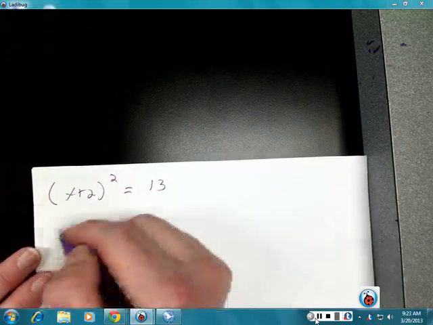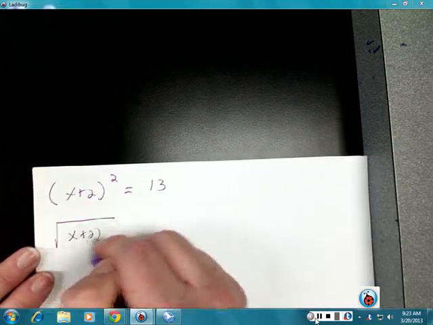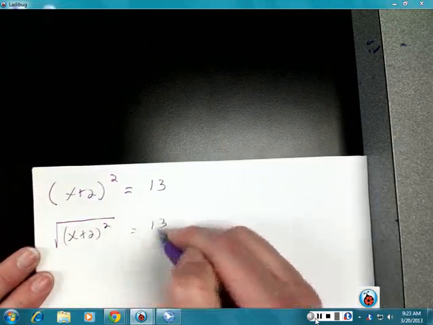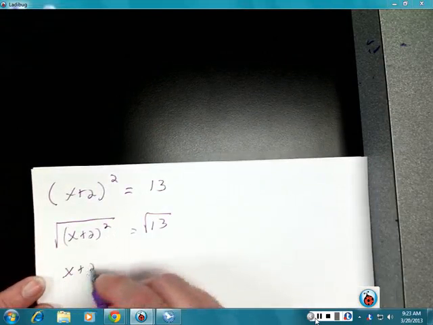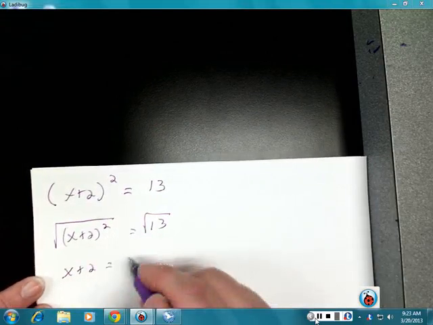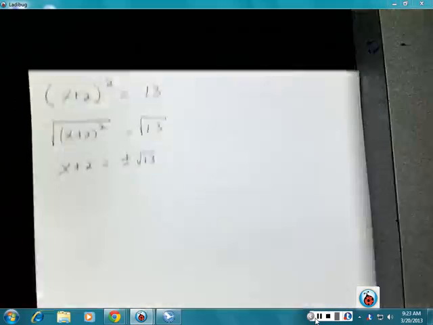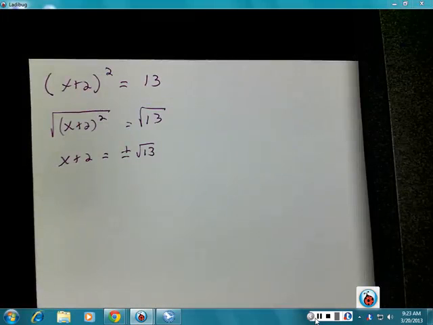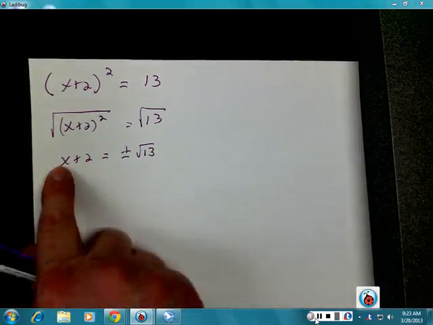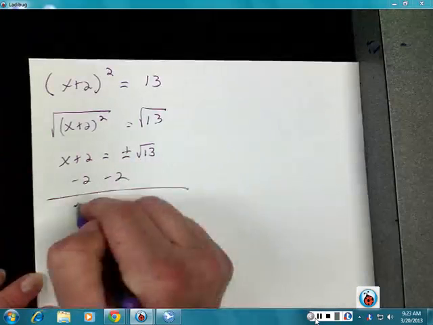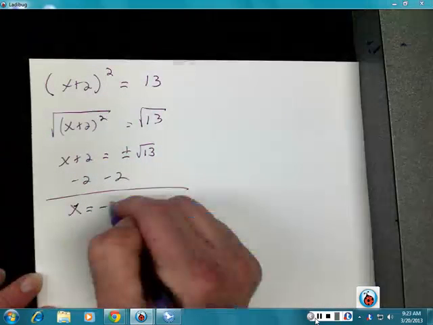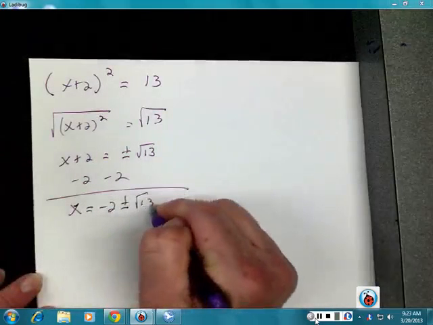So now if I take the square root of x plus 2 squared equals the square root of 13, this side leaves me with x plus 2. This side leaves me with a plus or minus the square root of 13. But what do I notice? Notice anything about that? X isn't by itself, right? So I'm going to minus 2. So my answer is x is equal to a negative 2 plus or minus the square root of 13.